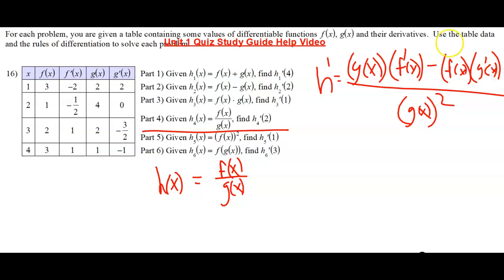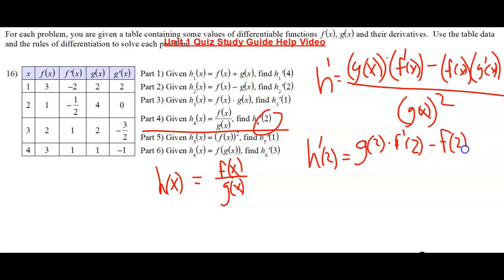Next, we're going to go ahead and plug in the number they give us, which is 2. So h prime of 2 in this case then is going to be g of 2 times f prime of 2 minus f of 2 times g prime of 2 all over g of 2 squared.